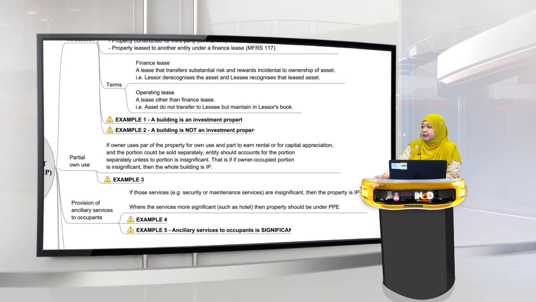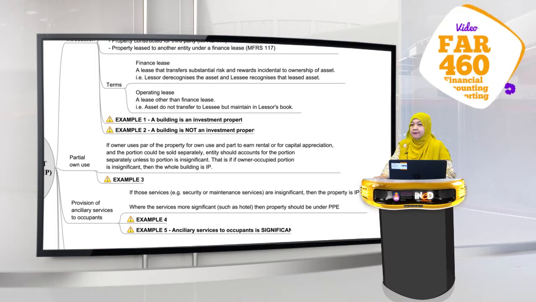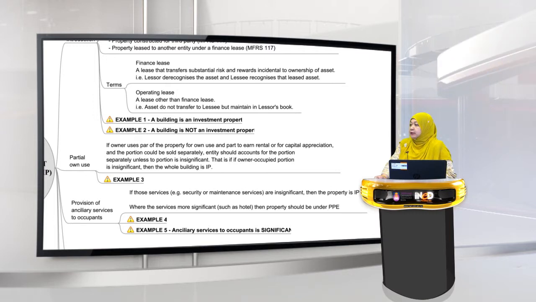Is it investment property or considered property, plant and equipment under MFRS 116? This is where we have partial own use, right? That is, if the owner uses part of the property for own use and part to earn rental or capital appreciation, and the portions could be sold separately, right?